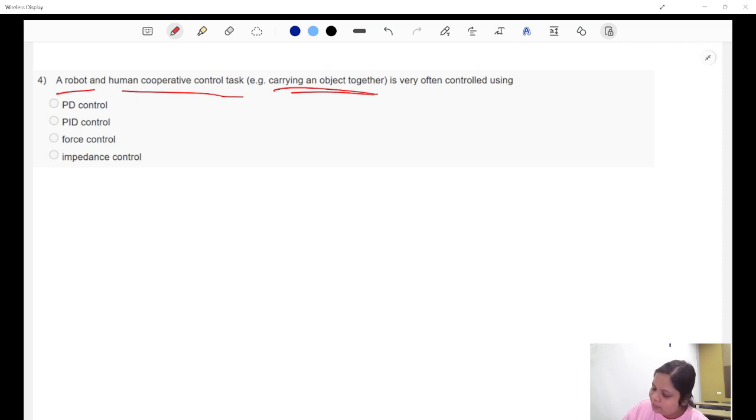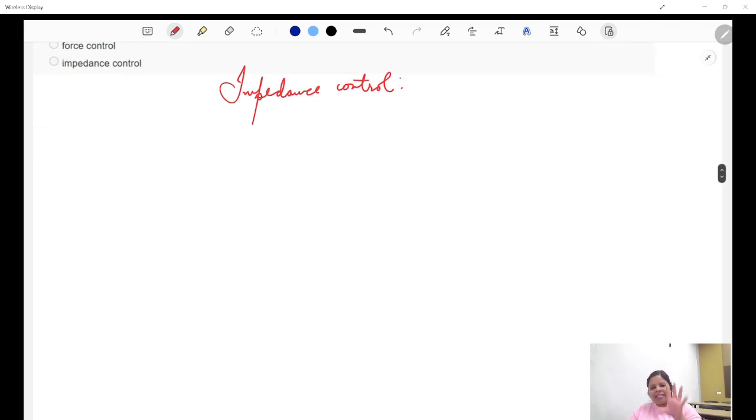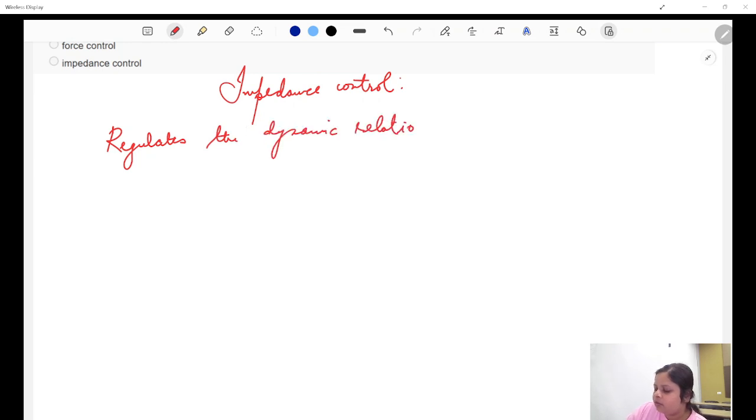Okay, so what is impedance control? It basically regulates the dynamic relationship between force and motion. For example, like a spring damper system.